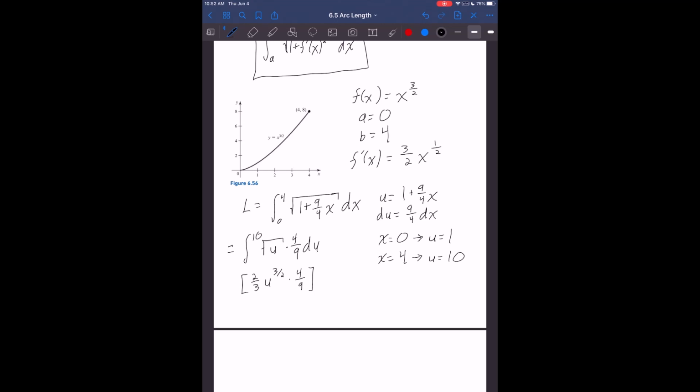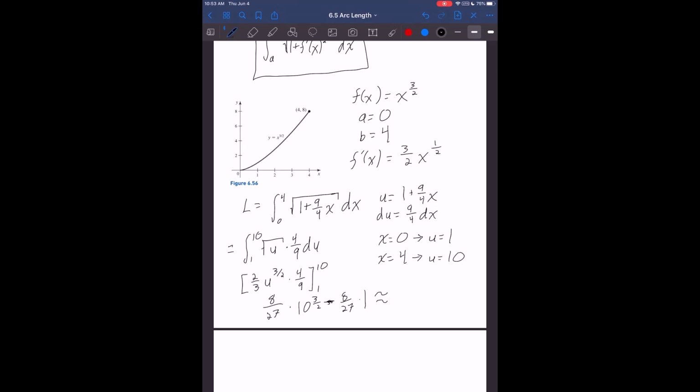Okay, so moving on, we need to evaluate this 2/3 u to the 3/2 times 4 ninths from 1 to 10. So plugging everything in, we just get that this is going to be 8 over 27 times 10 to the 3/2 minus 8 over 27 times 1.